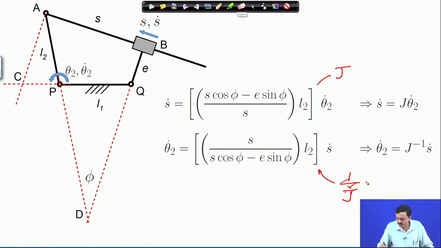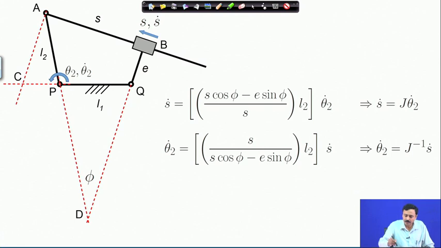So, once again we are faced with the same question, is the Jacobian invertible, or is Jacobian inverse invertible, whether they can go to 0.